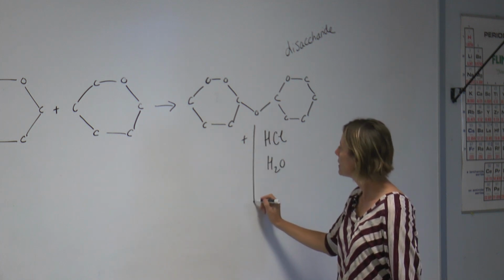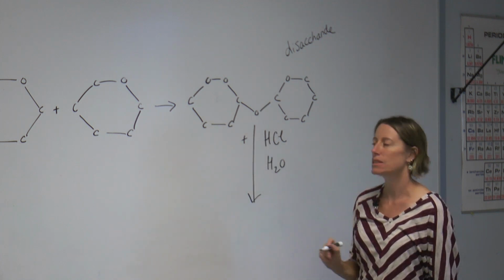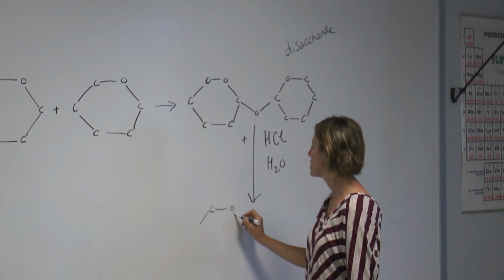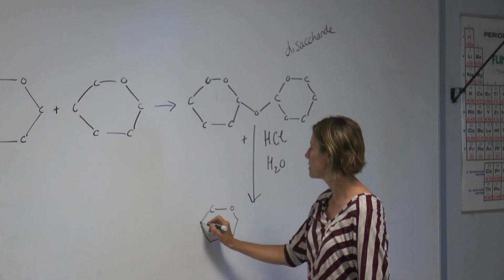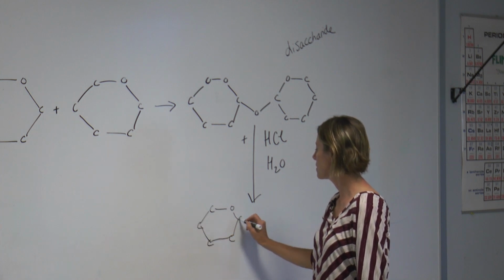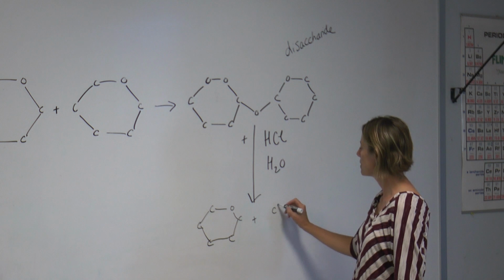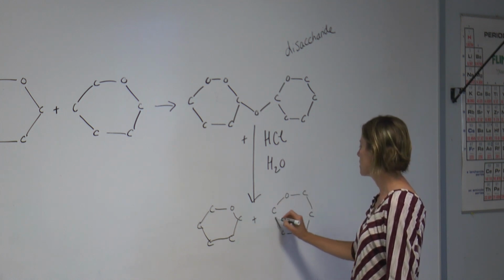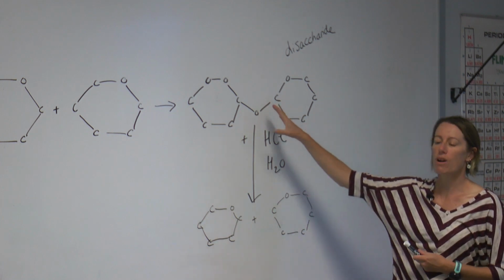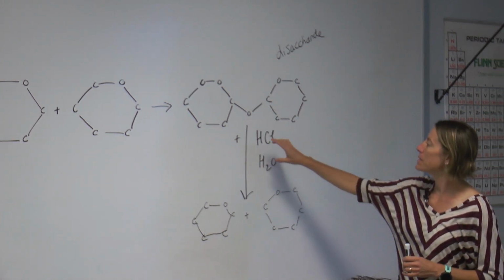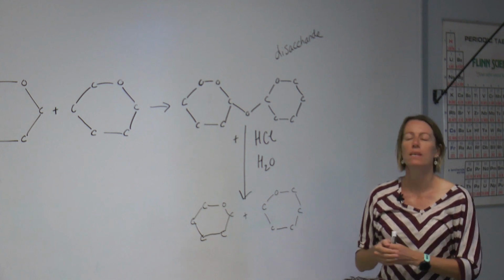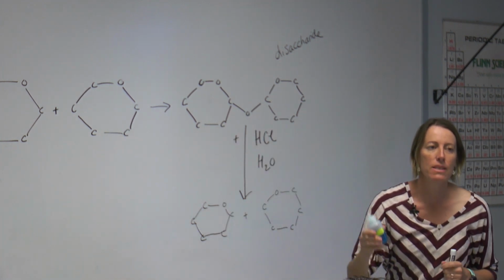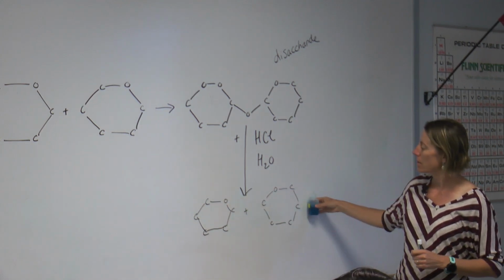And I'm going to do a chemical reaction, and we're going to separate these. So I took my disaccharide, I mixed it with acid and water, heated it up a bit, separated these two apart. Now I'm going to take this and pour this over here.